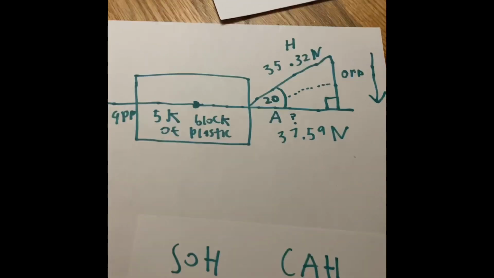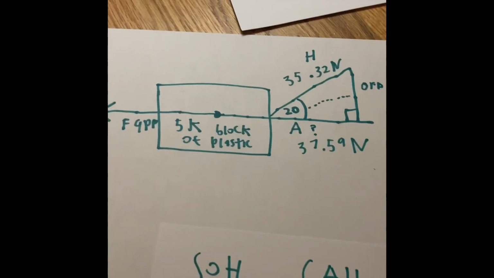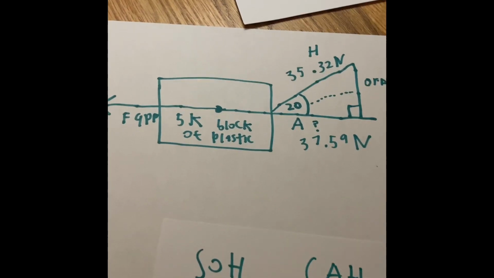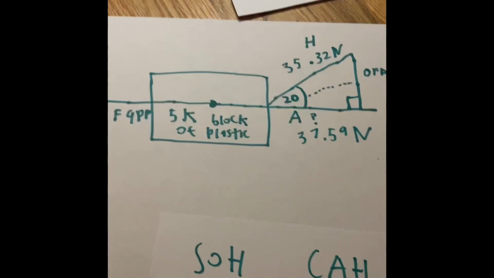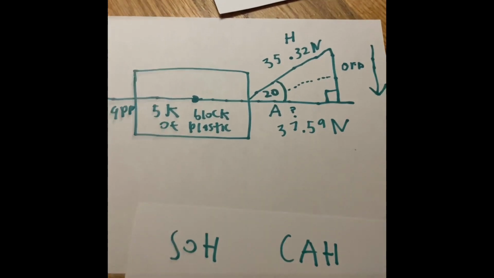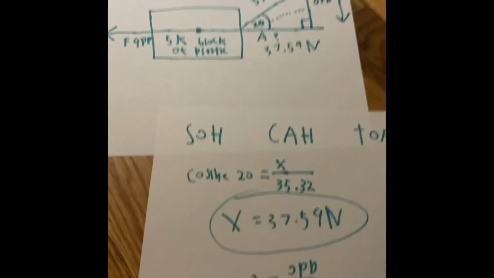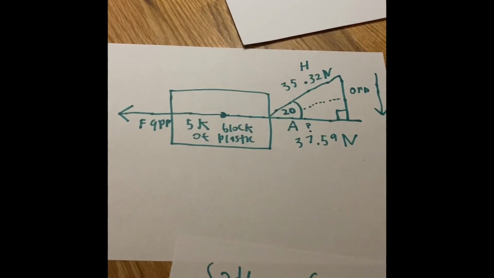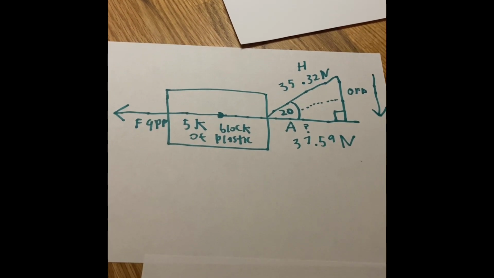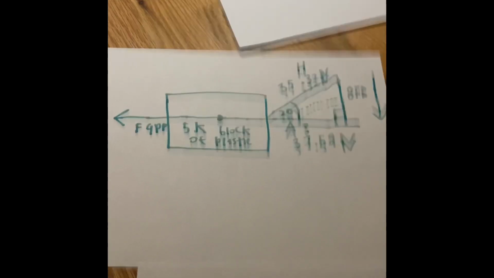You're pushing 35.32 newtons diagonally at a 20-degree angle, 37.59 newtons along a horizontal line to the left, and 13.68 newtons of downforce. But what about the acceleration? If you're applying all that force on that 5-kilogram block of plastic, how fast is that block going to go?